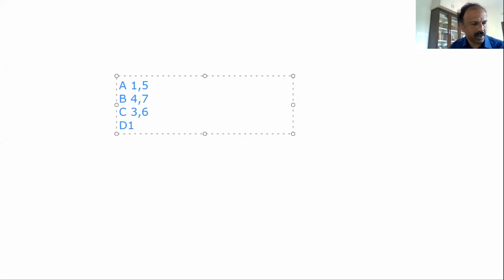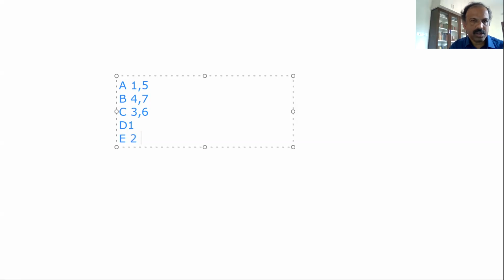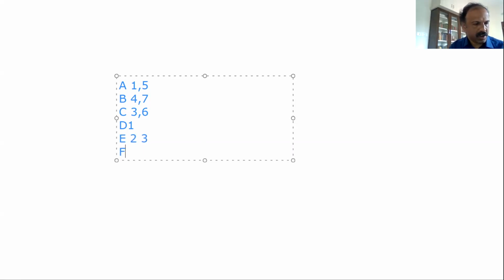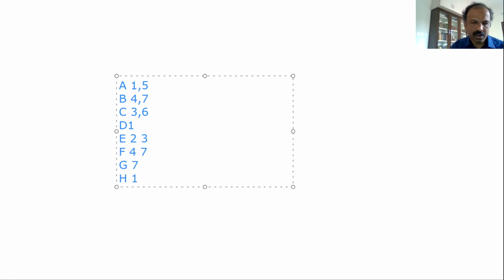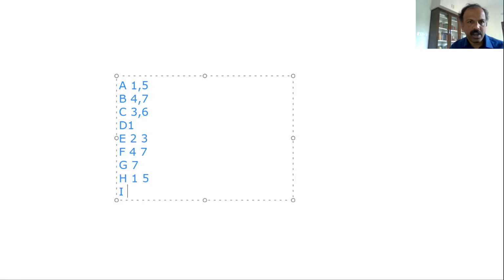Then part E requires 2 and 3. Then part F requires processing on the 4th machine and the 7th machine. Then part G requires only one machine, which is 7. Then part H requires 1 and 5. Then part I requires machines 3 and 6.